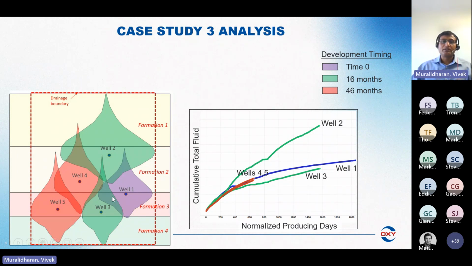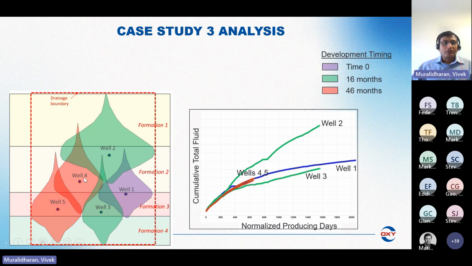In this instance, well 3 got compromised. You can see that the well 3 SRV was much lower, but it didn't affect well 1 that much. You have a slight deviation from the previous performance in well 1, whereas well 3 is a lot lower. But well 2 came on really good because there's not much overlap between wells 1 and 2.